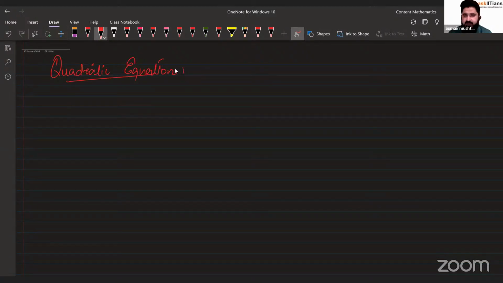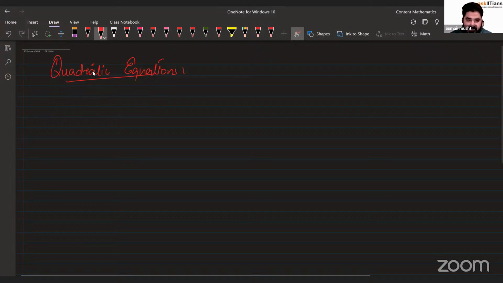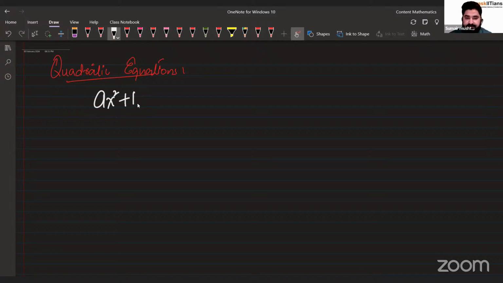See, first of all, let's have a look. I'm not going to give you the basic details about the quadratic equation, just an overview. You know the quadratic equation is of the form ax square plus bx plus c is equal to 0, where a can't be equal to 0. Simple. Okay.